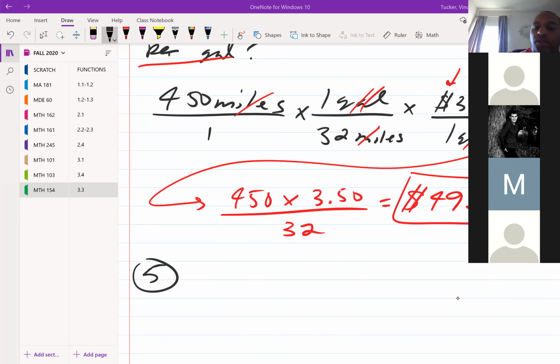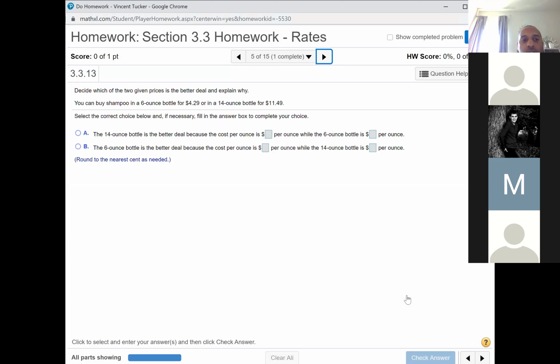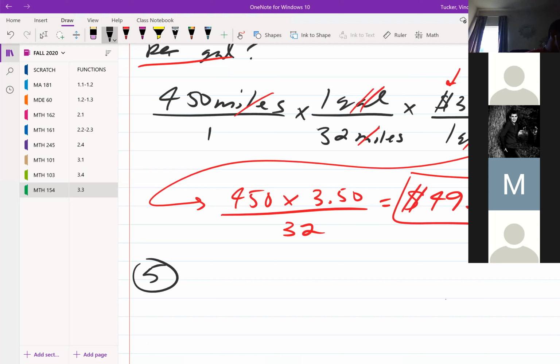So let's go back and go to the next one. Decide which of the two prices is a better deal. Explain why. Okay. So this will help you in the grocery store next time you go to Walmart, all the good stuff like that.